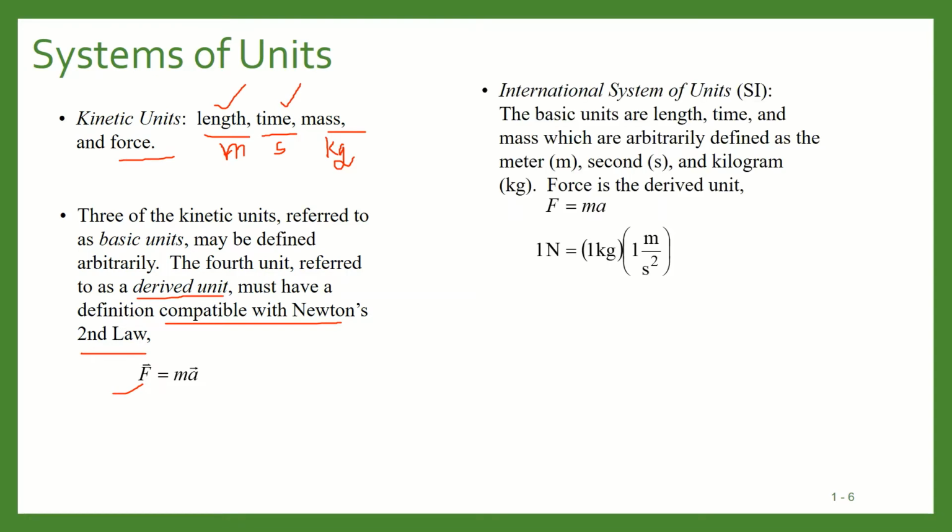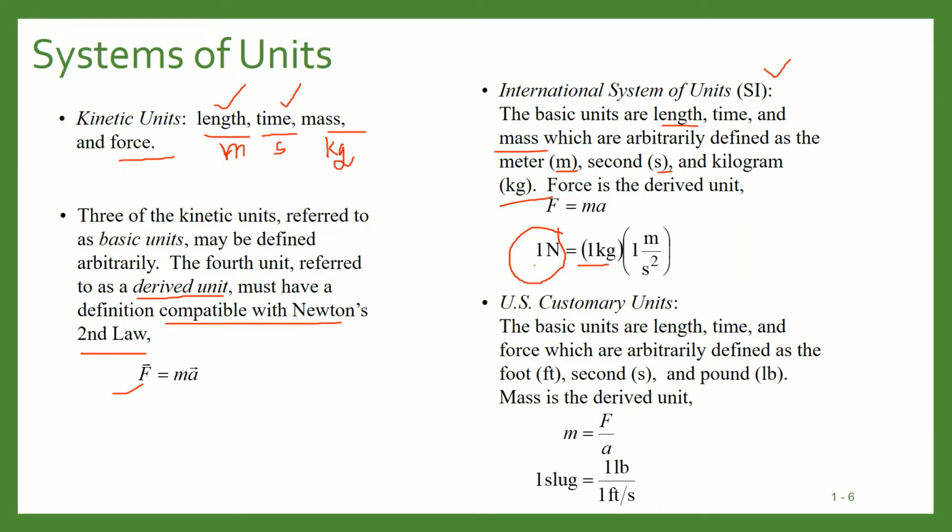According to the SI units or International System of Units, the unit of length is meter, the unit of time is second, the unit of mass is kilogram. Then force, which is the derived quantity, has the unit kg meter per second square, and 1 kg meter per second square is also defined as the Newton. So 1 Newton will be 1 kg meter per second square.